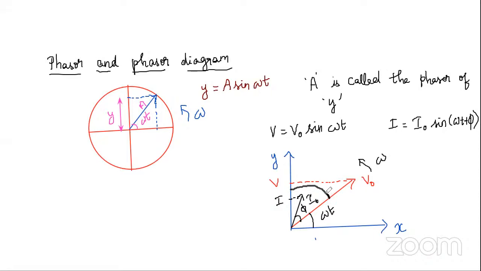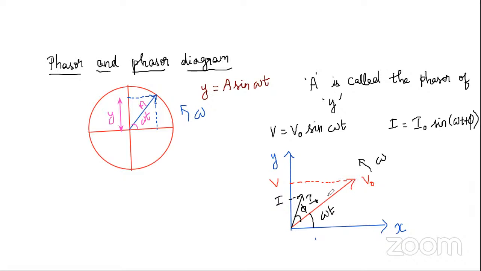That means this voltage has to travel this much of angular distance. This phasor V0 has to travel this much of distance in order to reach the maximum. But this current has to travel just this much of distance. That means it reaches maximum first. So this is why current is leading voltage by phi.